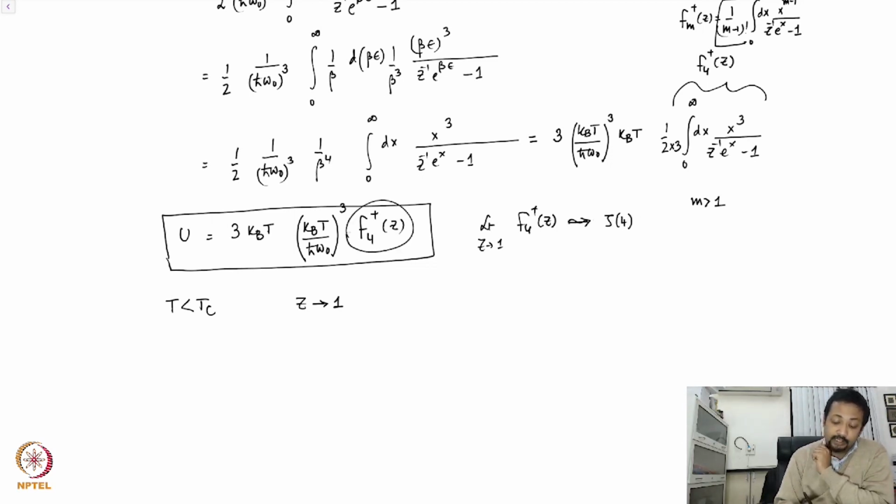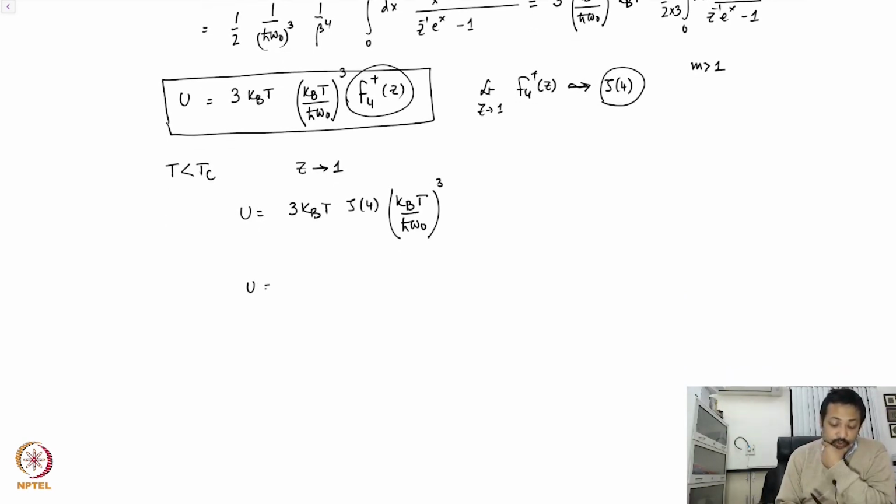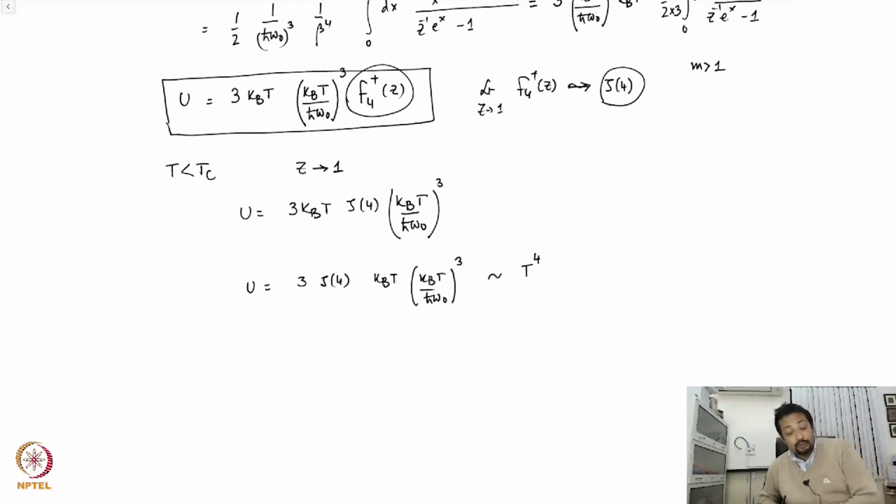So I will replace this by zeta of 4, where I write this as 3 kBT zeta 4, and then I have kBT over h bar omega naught whole cube, so that U is equal to 3 zeta 4 kBT times kBT over h bar omega naught whole cube, which implies the internal energy scales with T to the power 4.